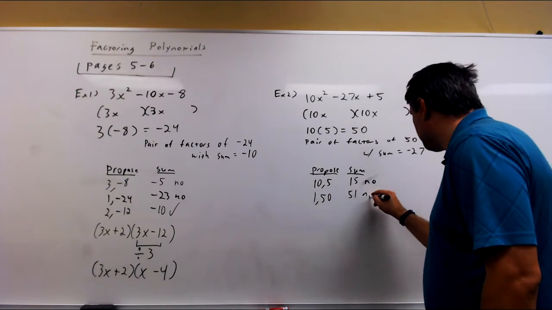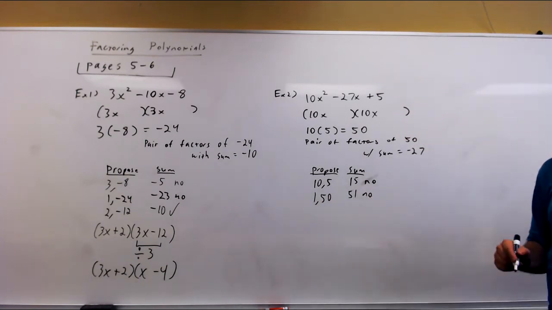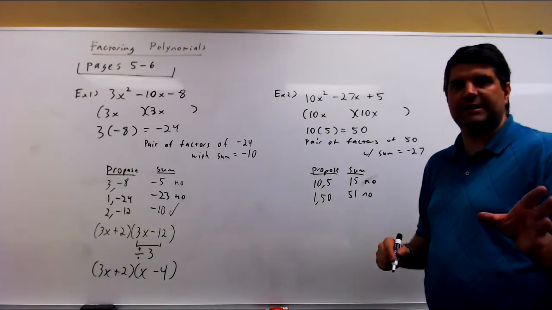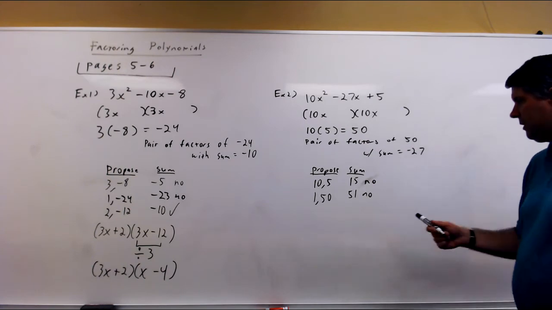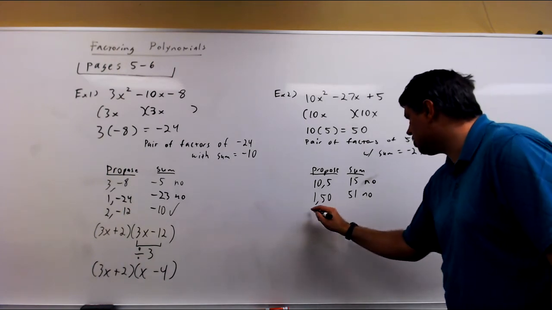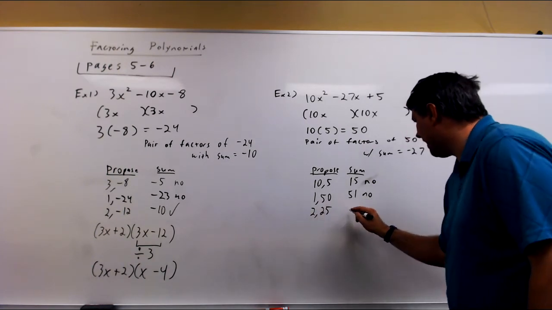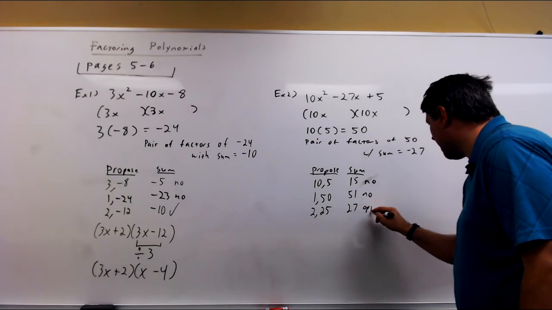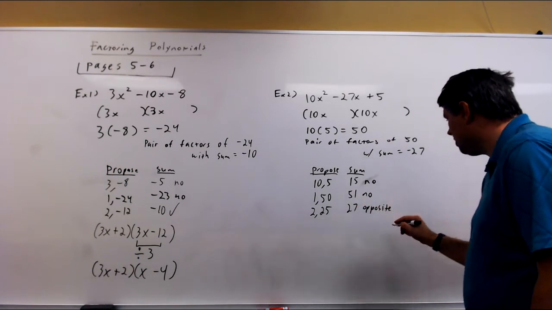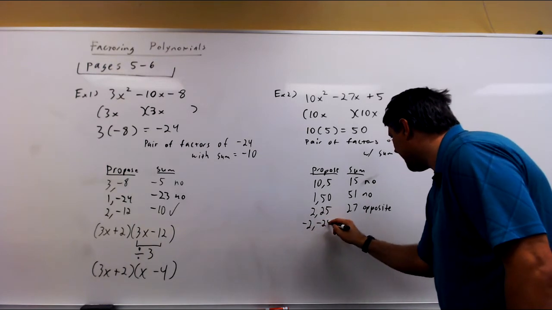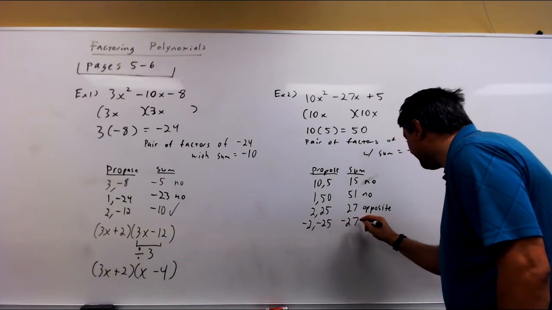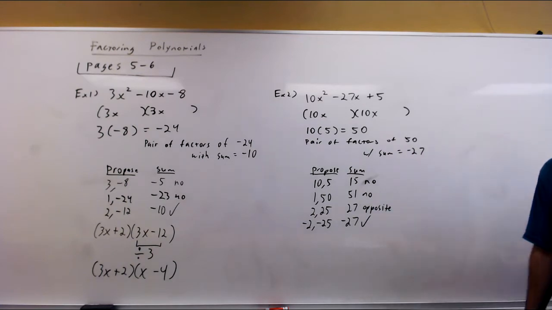That's 51. No. If we get the opposite of what we need, we change the signs. Now I'll try 2 and 25, and I get 27. That's the opposite of what I need, so now we'll do negative 2 and negative 25, and that's negative 27. That is what we need.